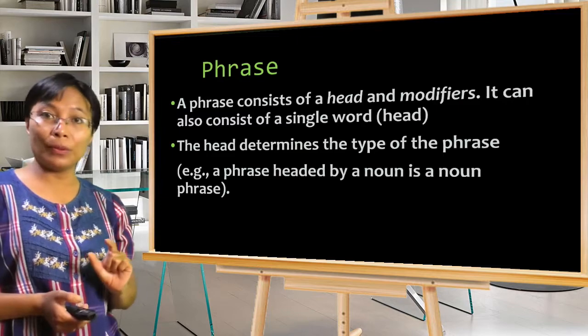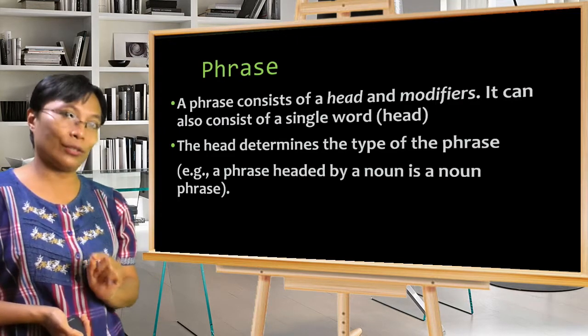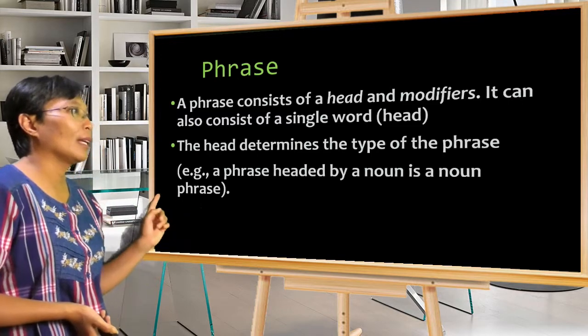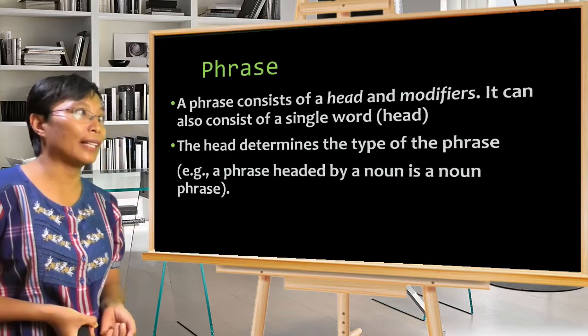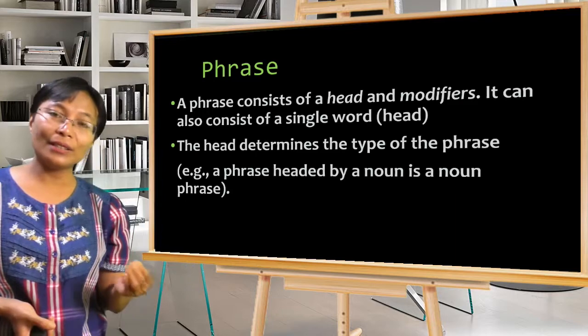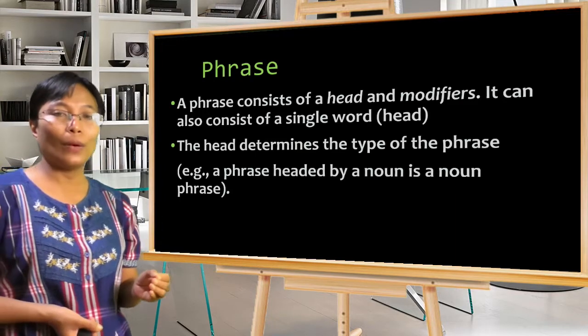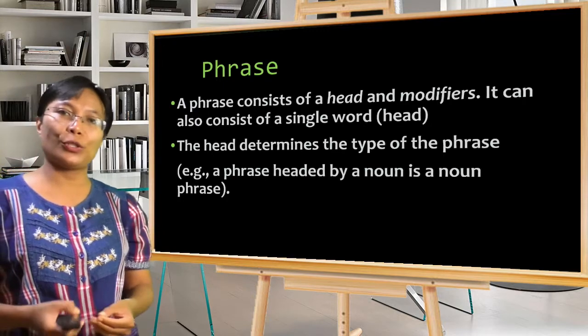Here, the word apples just consists of a single word, but it is also a phrase. And the head here determines the type of the phrase. For example, when a phrase is headed by a noun, then we call it a noun phrase. When a phrase is headed by a preposition, then we call it a prepositional phrase.